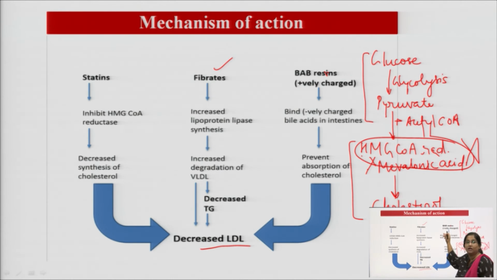And last, the third big class is BAB resins, that is bile acid binding. As the name suggests, the positively charged resins, which are the drugs, get combined with the negatively charged bile present in the intestine and prevent the absorption of cholesterol. Hence, decreased level of LDL.